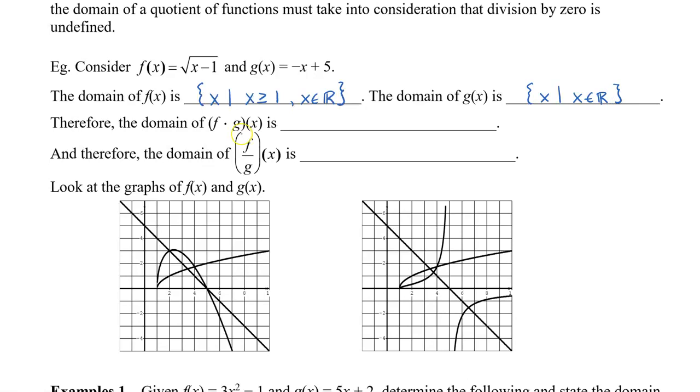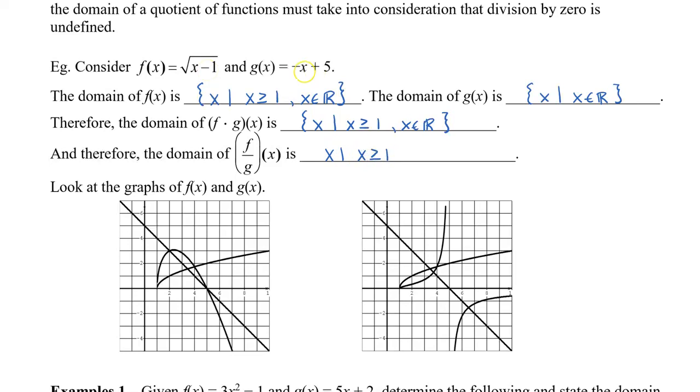Now, the domain of (f times g)(x) is then x such that x is greater than or equal to 1, and it can be all real numbers. However, for the domain of (f divided by g)(x), we still have to consider that the numerator will be the square root of x minus 1, so x still has to be greater than or equal to 1.